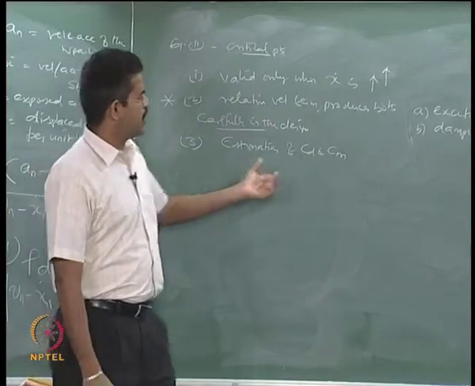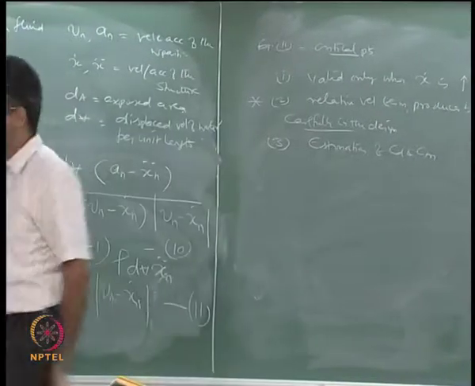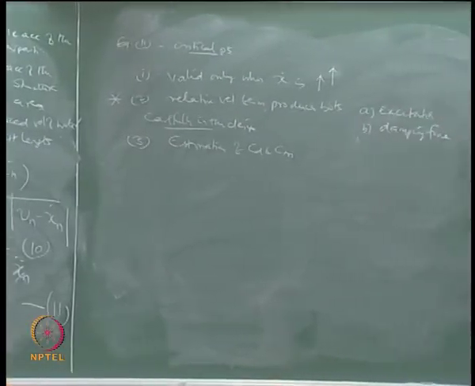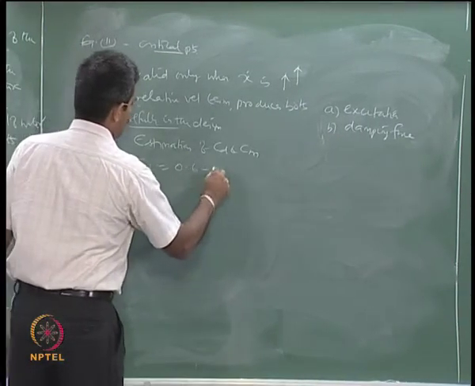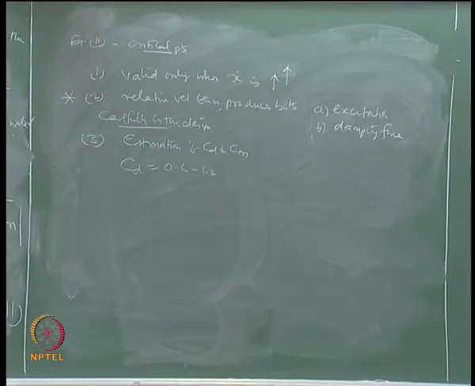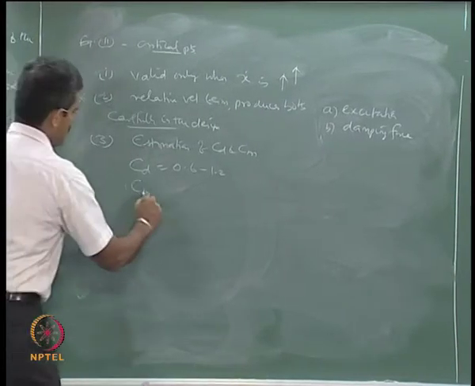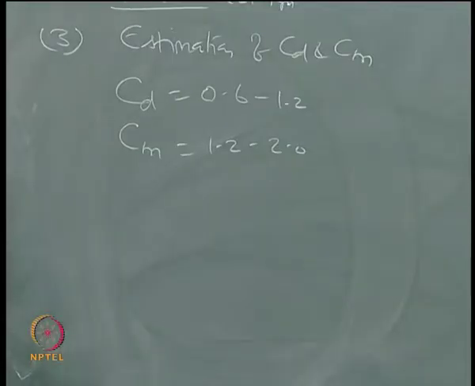I urge you to refer to the respective literature to find out this, but for our information, CD generally varies from 0.6 to 1.2 and CM varies from 1.2 to 2.0 relatively.